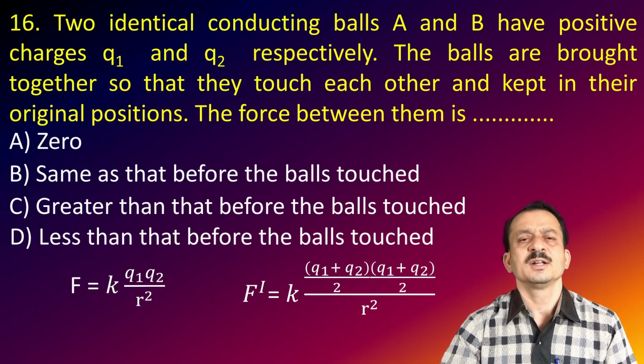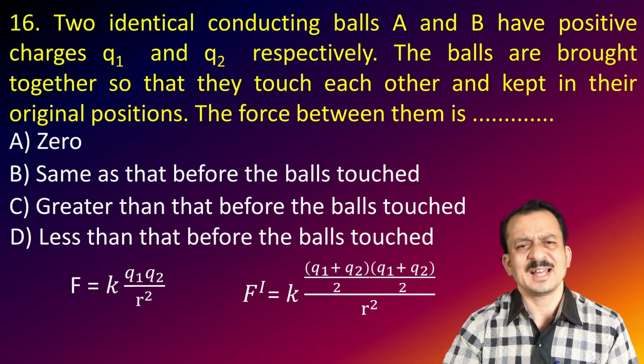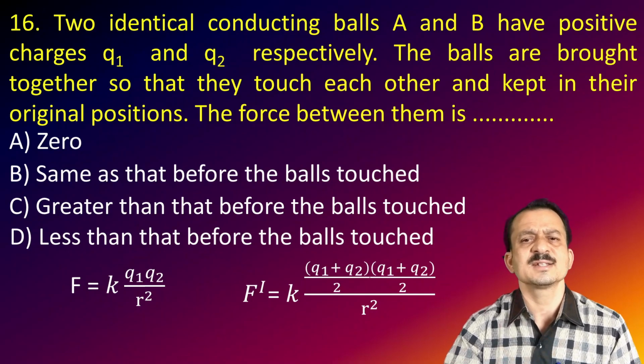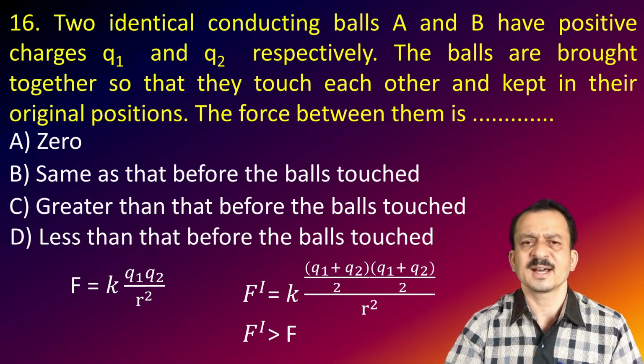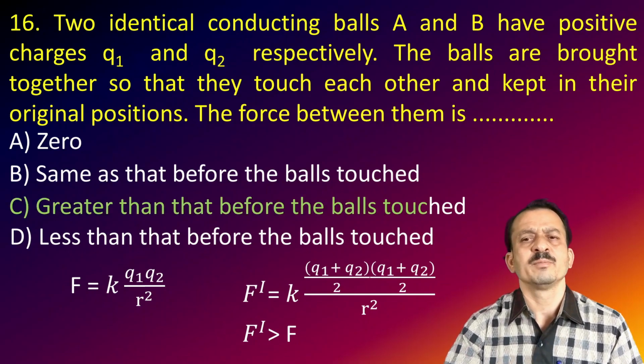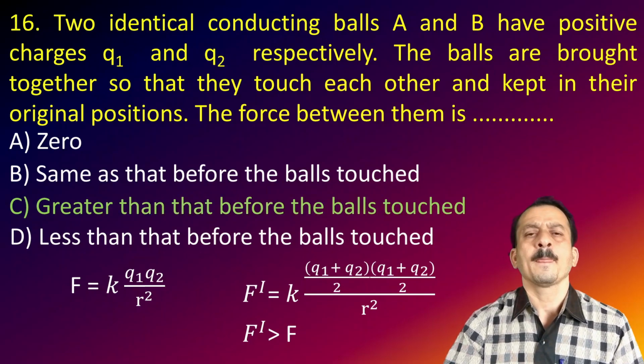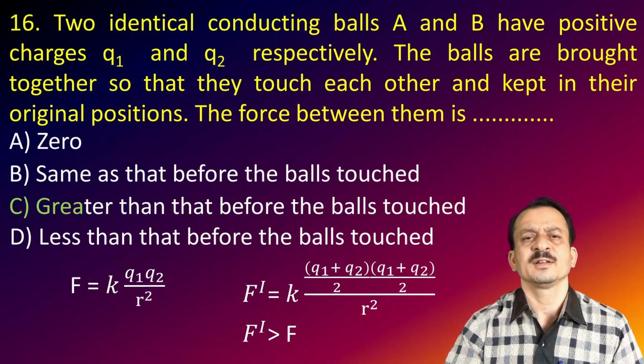That means the product of two numbers is always less than the square of the average of those two numbers, and hence F dash becomes greater than F. Therefore, answer C is correct: greater than before the balls touch. After the two balls are in contact, the force becomes larger.